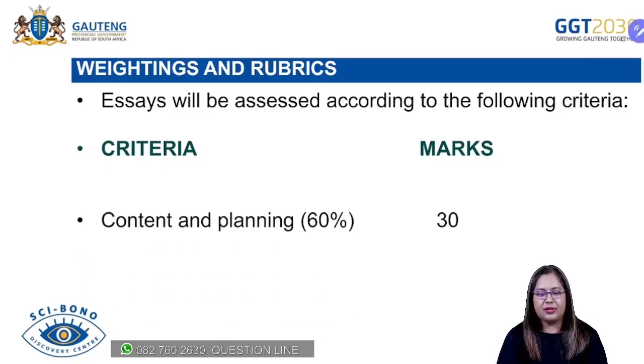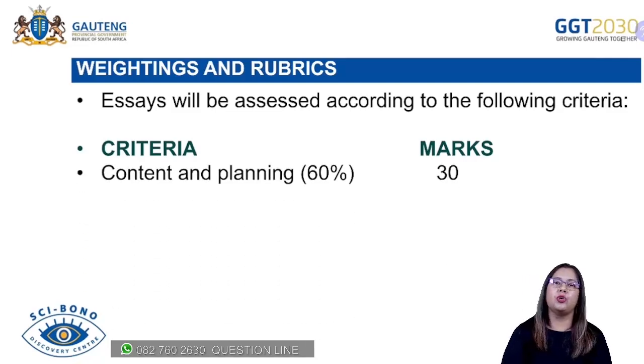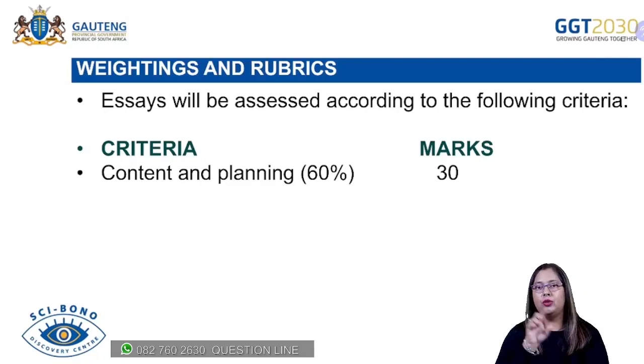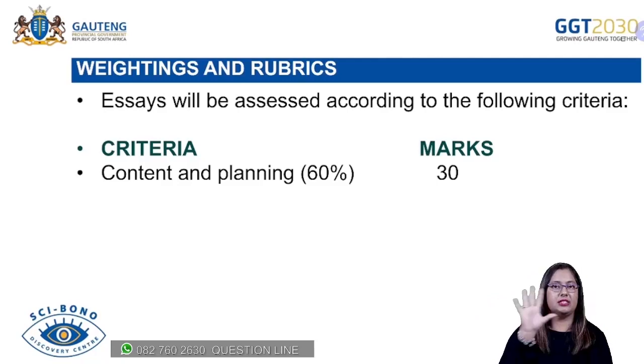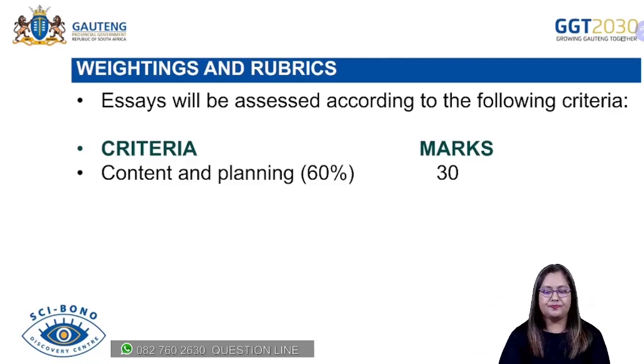So in terms of the first criteria we're looking at, it's your content and your planning, which is a mark allocation of 30 on the rubric. So we're looking at the different levels, giving us a total of 30 there. But that aspect itself costs 60% of your mark allocation.